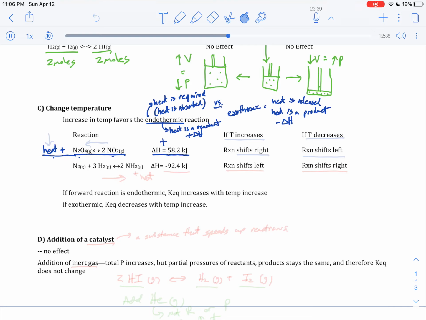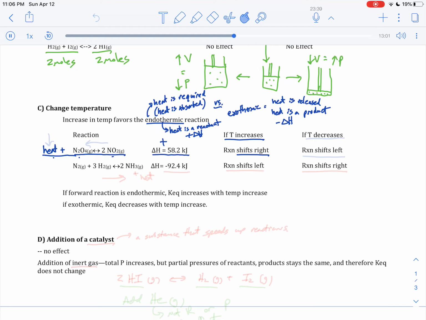Since heat is a reactant, if the temperature increases, that's like having too much reactant. The equilibrium system is going to try to use up that reactant, which causes it to shift to the right and make more product.